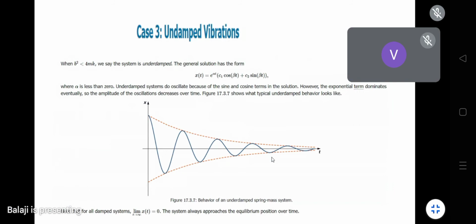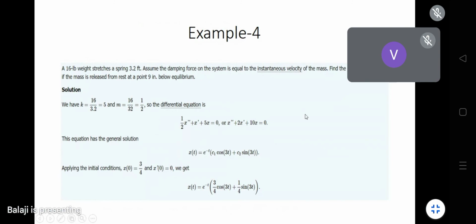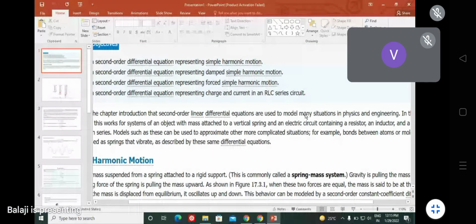Undamped vibration means sine and cosine are both there in the equilibrium position. You can follow that result and take one example to show it. That's all. Do you understand what to do?